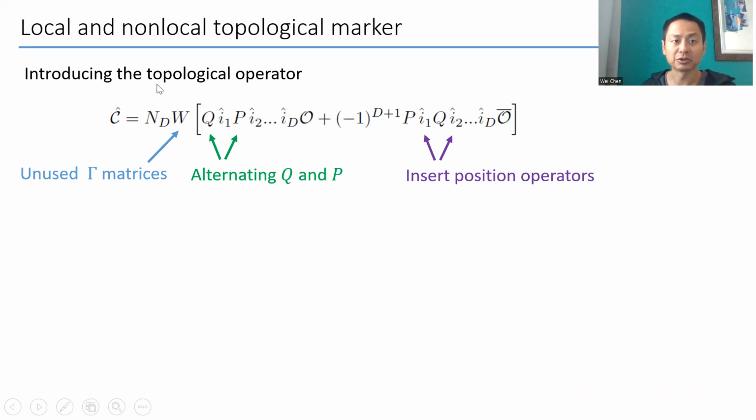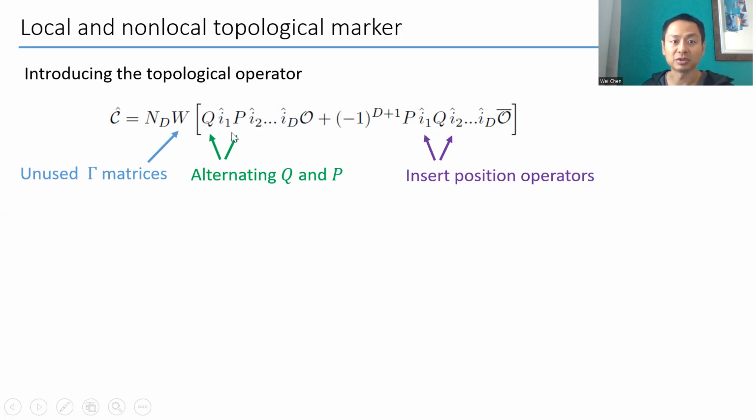introducing the notion of the topological operator. We call this operator the topological operator. Yeah, so it consists of this structure. Namely, you first construct the product of all the gamma matrices, unused gamma matrices together, and then you alternate Q and P and Q and P and so on.